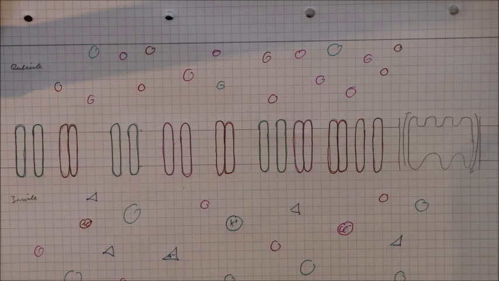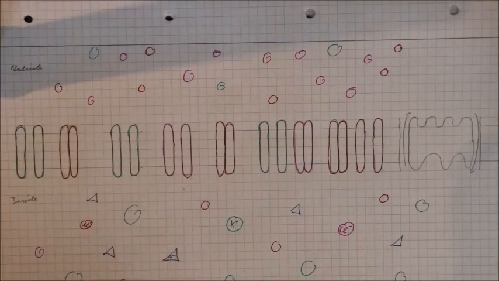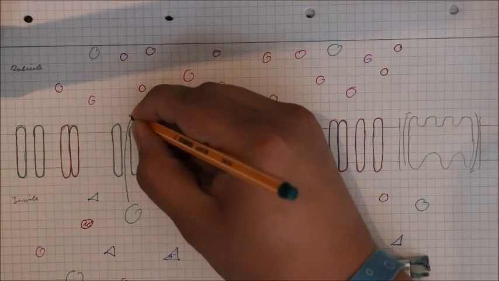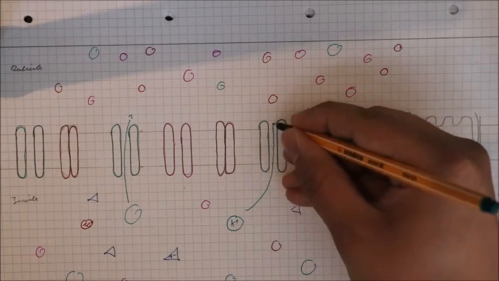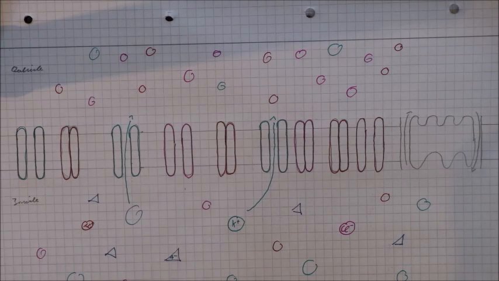So this leads to the fact that we have a surplus of positive charge on the outside of the cell, and a more negative charge on the inside.